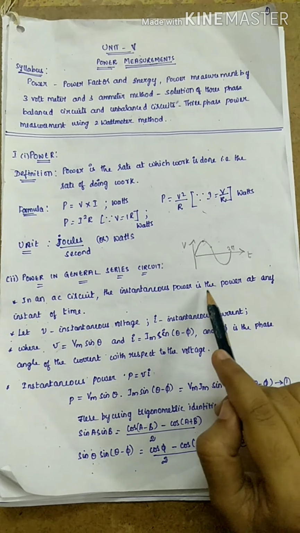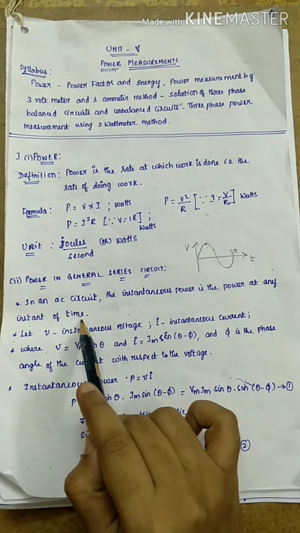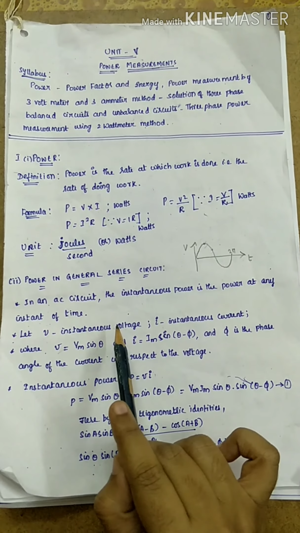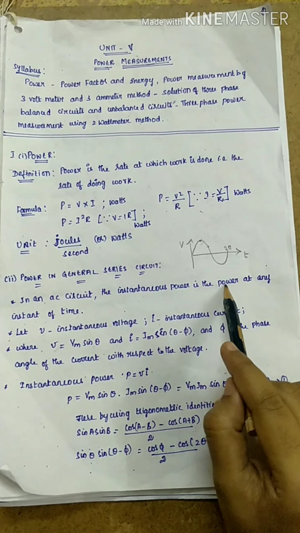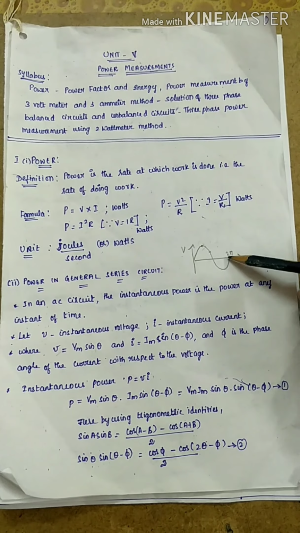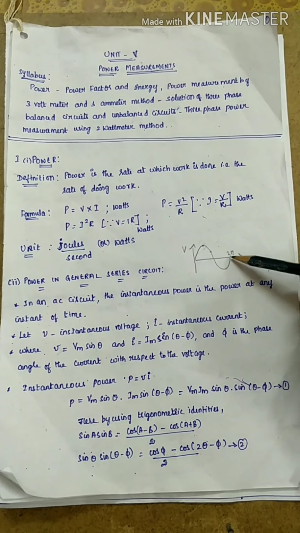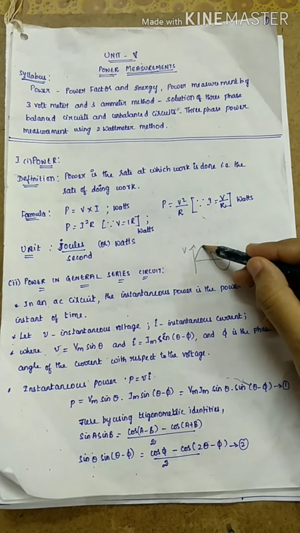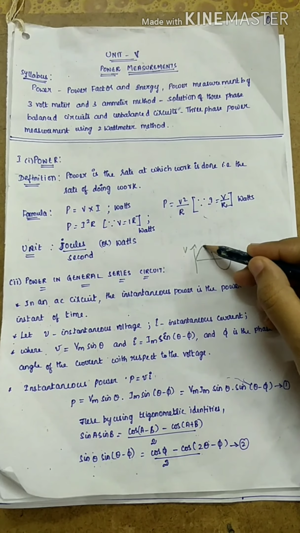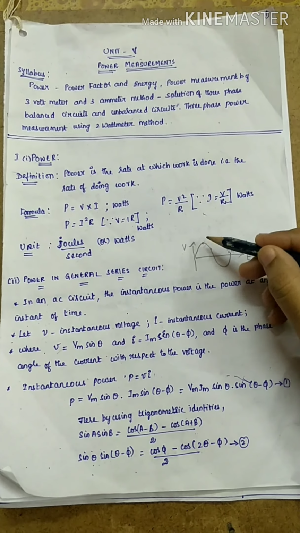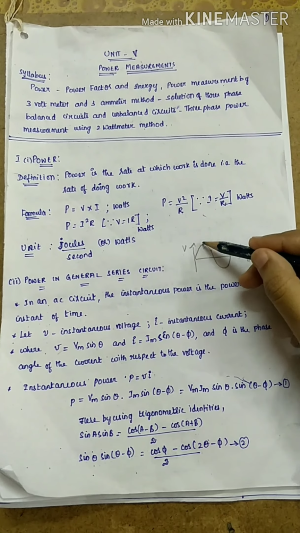Instantaneous power is the power at any instant of time, and the instantaneous voltage is the voltage at any instant of time. Let us take this AC waveform of voltage. At this point I am measuring the voltage and it is called instantaneous voltage.